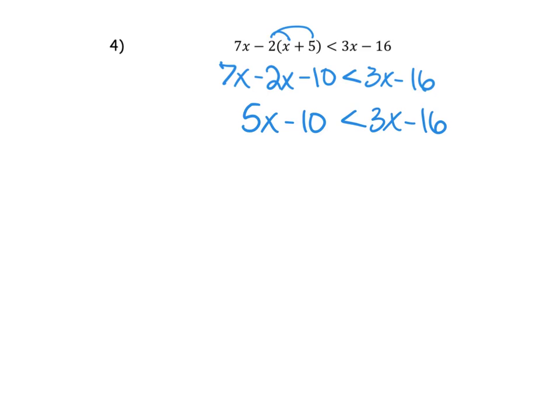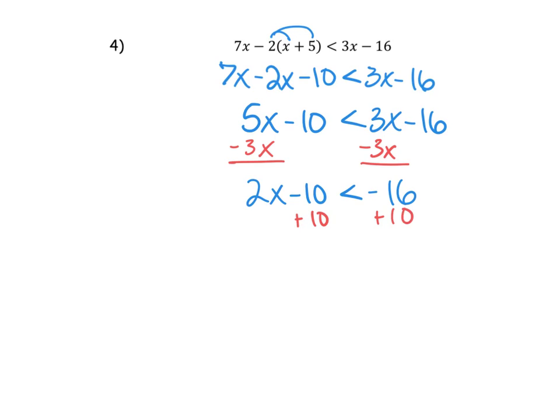All right, let's get our variables together. Let's get our 5x and our 3x together. So I'm going to subtract 3x from the left and the right. 2x, take away 10, is less than negative 16. Let's get the 10 and the 16 together. Add 10 to both sides. 2x is less than negative 6.